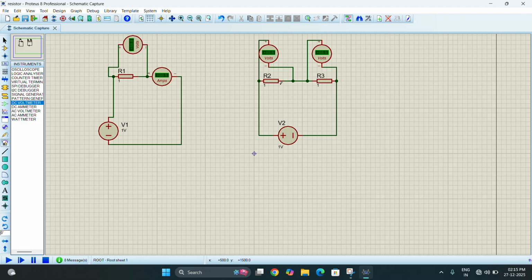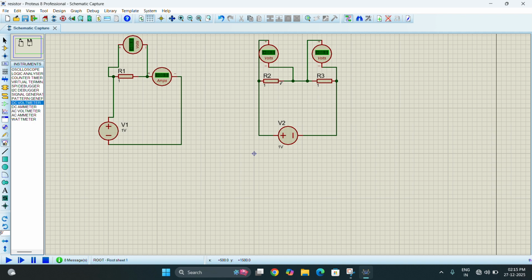Let me tell you in a clear way what the formula is. If you want the voltage across R2, VR2 is equal to the total voltage, V, which in this case you might be seeing as V2. So let us write it as V2. VR2 is equal to V2 into the resistance whose voltage you want to find, that is R2, divided by R2 plus R3.